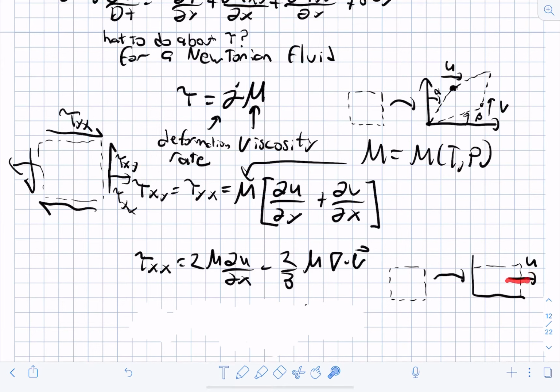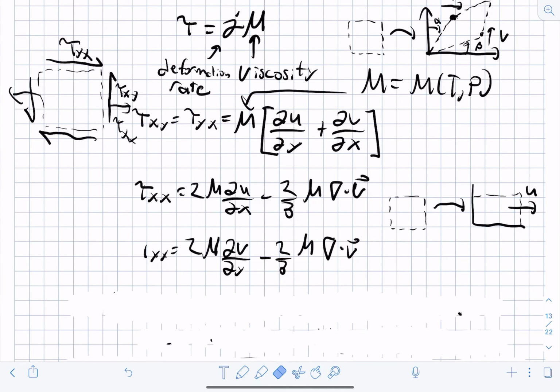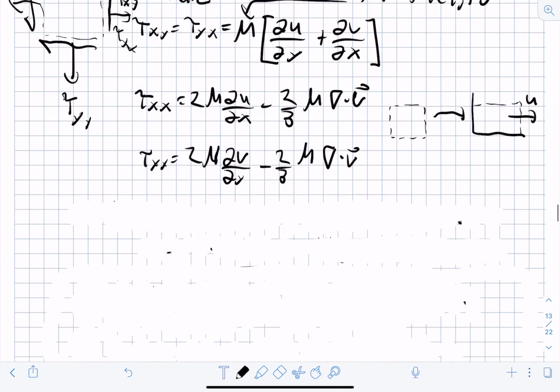As the fluid element starts to stretch out in the x direction, there is a normal stress associated with that. You have a very similar term for the viscous stress in the y direction too. So that tells us what to do with the taus.